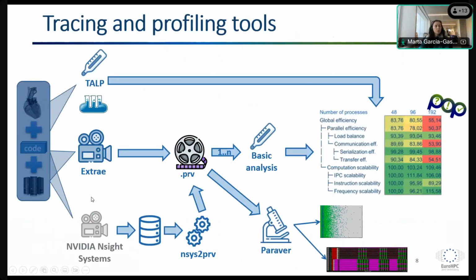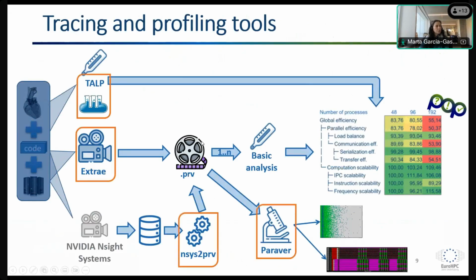This allows us to analyze codes that are not so traditional HPC codes, more AI frameworks, for example, because they don't use the traditional programming models that we are used to analyzing with Extrae or TALP. And we get all the information from inside, we translate it, and we have the power of Paraver to analyze that information. So later on, I will talk more in detail about these 4 tools, but now let me just summarize a bit the advanced analysis tools that we have at BSC.